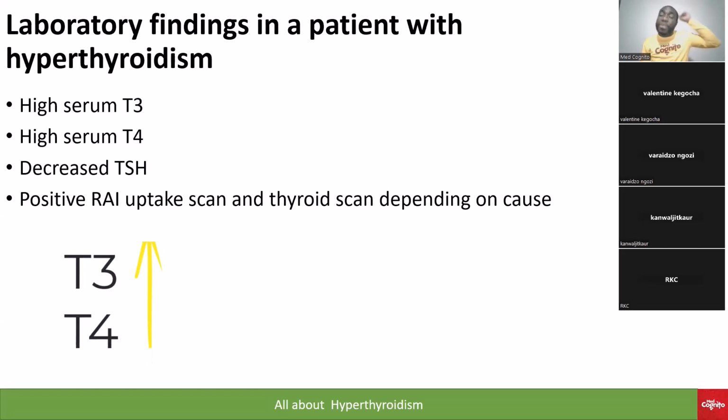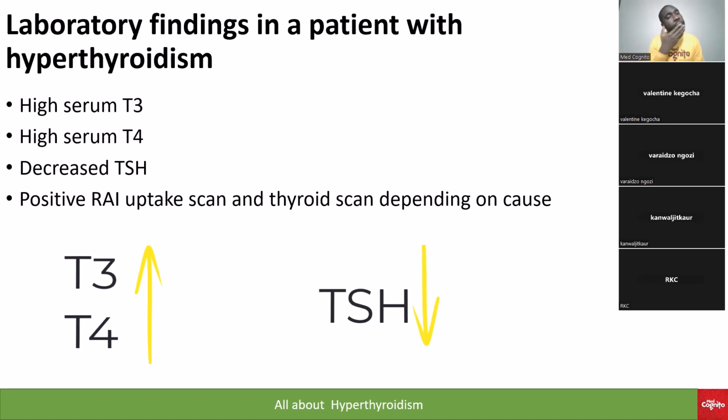Please write it down. T3, T4 will be high. The TSH will be low because of that negative feedback we're talking about.